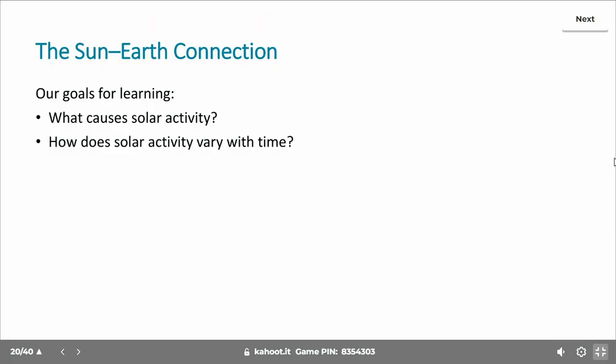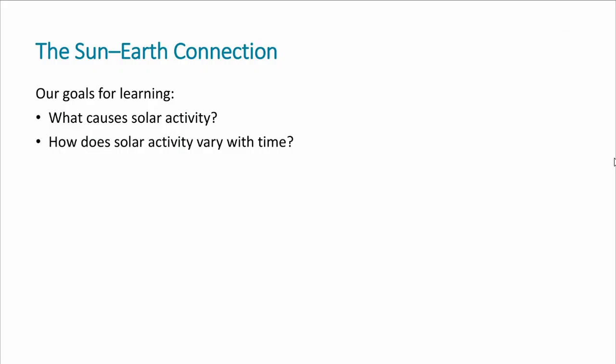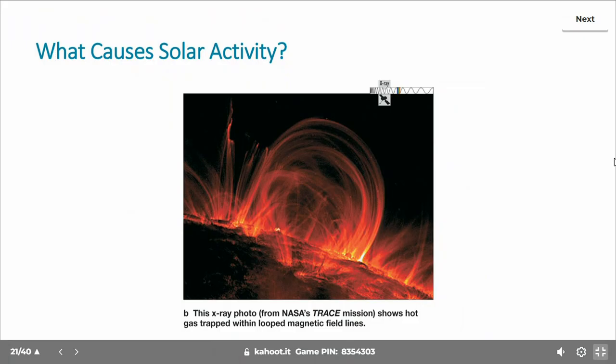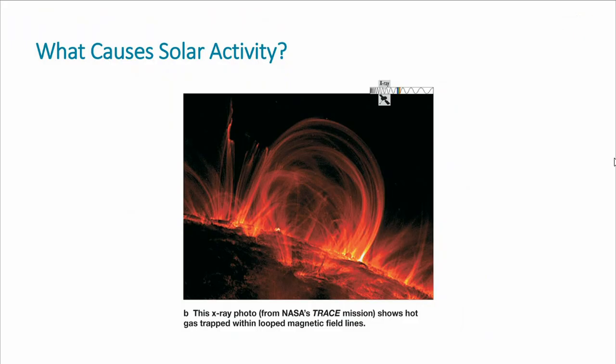Okay, so now that we kind of understand what's happening inside of the sun, let's look at the surface and study what we can about the surface of the sun. There's lots of activity going on on the surface of the sun. It's not just a smooth ball of gas and plasma, but it's actually quite violent at times.